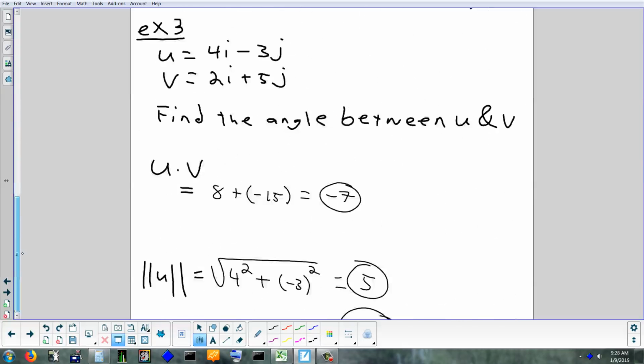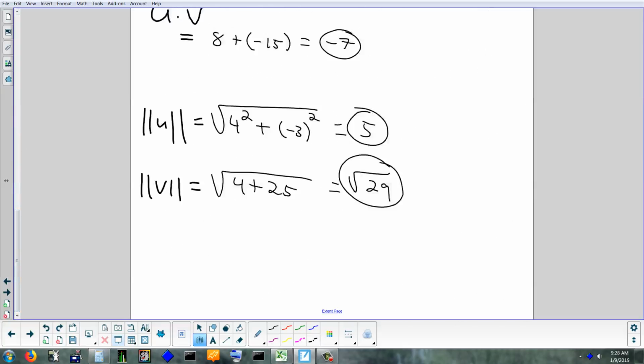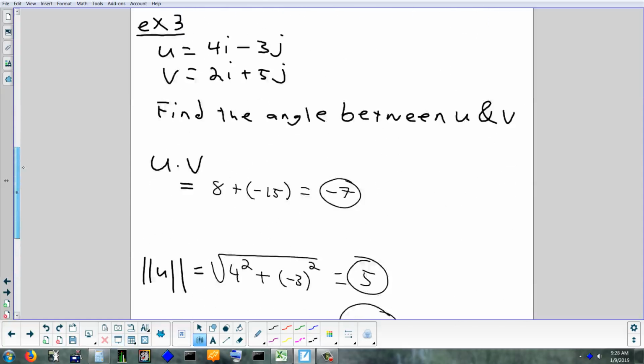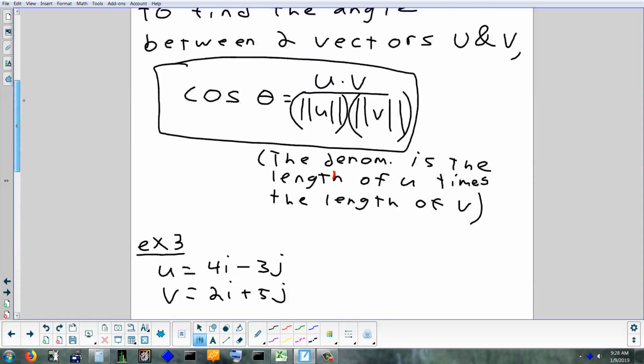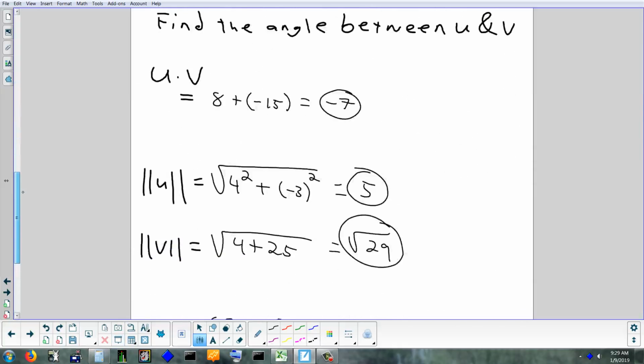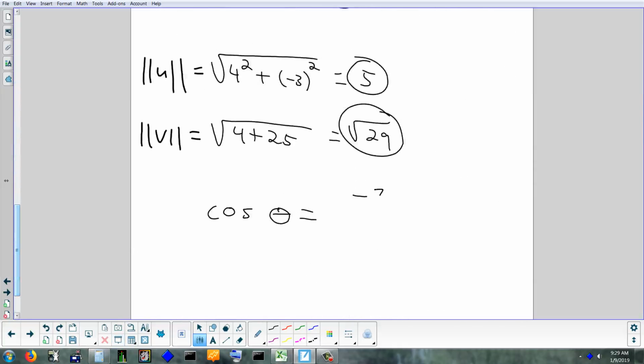So cosine of the angle equals dot product. Dot product goes on top, the magnitudes go on the bottom. Dot product is -7. Magnitudes go on the bottom: 5 square root 29.